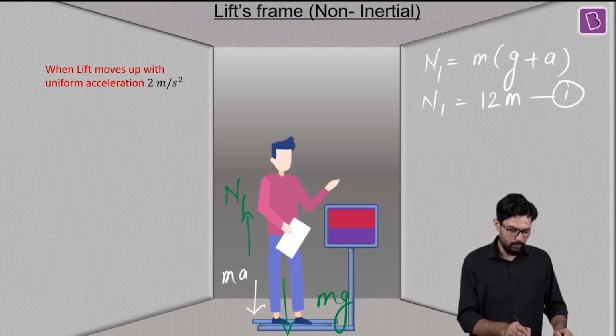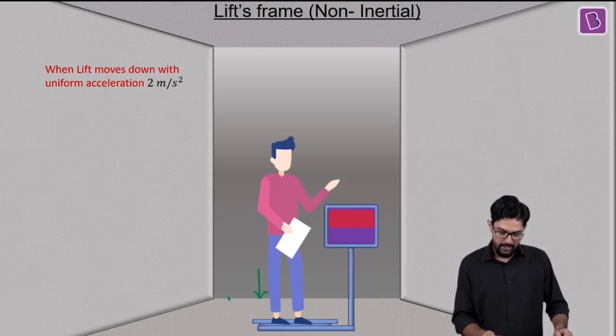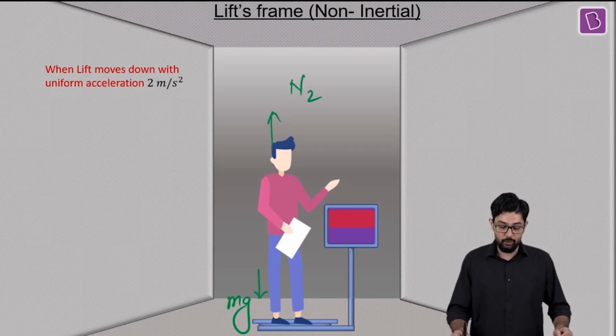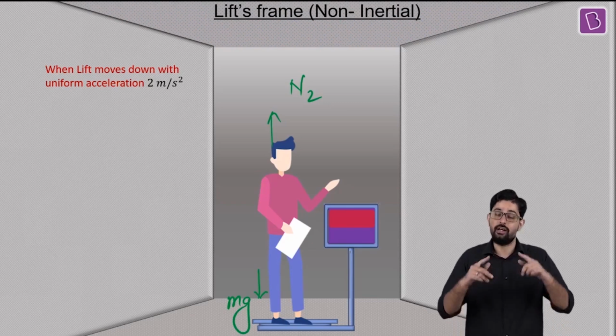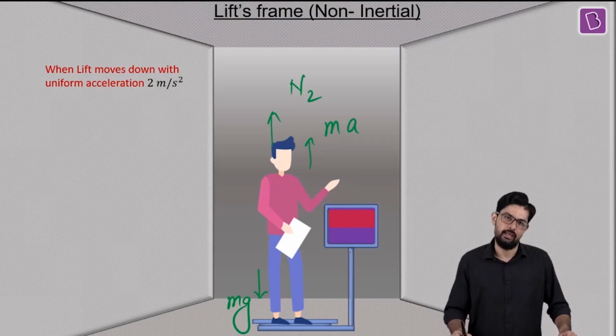And now let's go to the second case where the lift moves down with the same acceleration of 2 meter per second squared. As observed from this frame, there'll be a force of gravity, m into g, and the normal reaction, let's say N2 in this case. And the pseudo force will be acting on this man now in the upward direction, right? And the magnitude is going to be m into a.